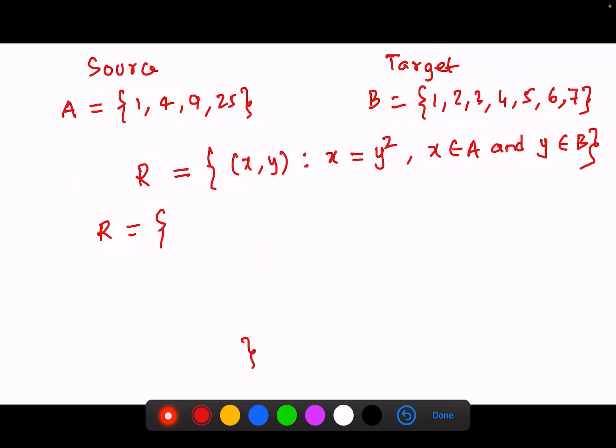If I take x as 1, 1 can easily be connected with 1, so 1 square.